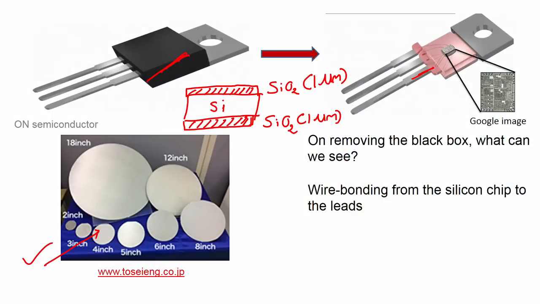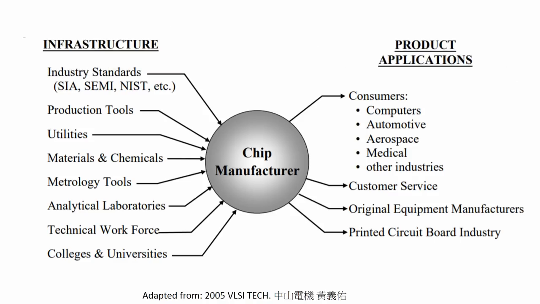Now let us see the next slide, alright. So, what do we see? We see the chip manufacturer, right. If you see where silicon can be used, what kind of infrastructure it requires to manufacture and operate this chip, and what kind of product applications this chip has, right.